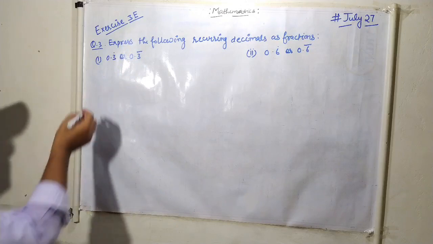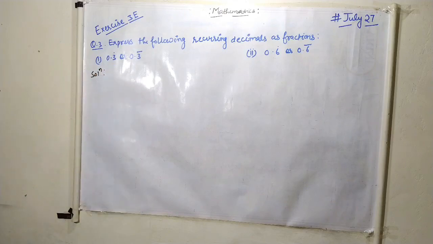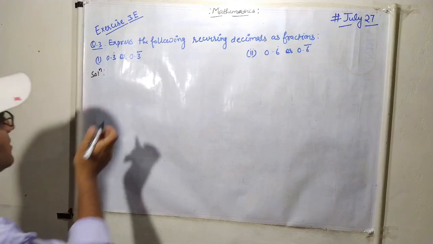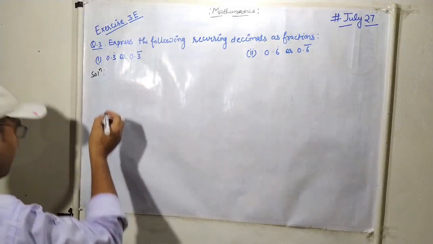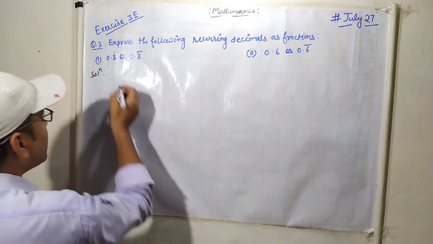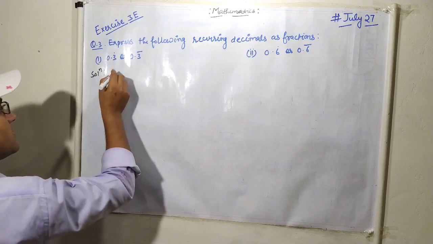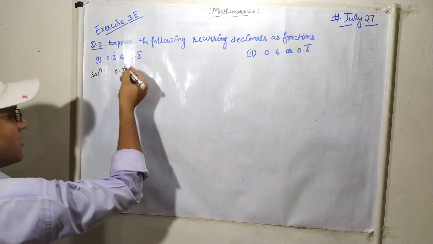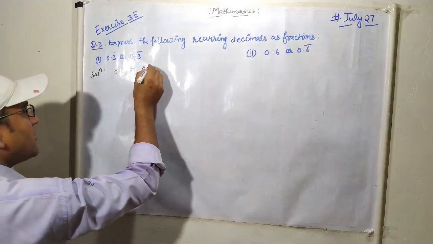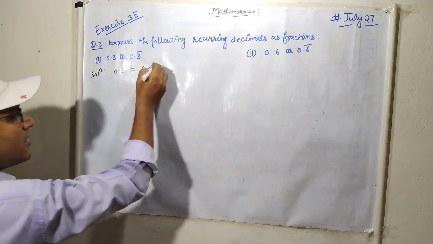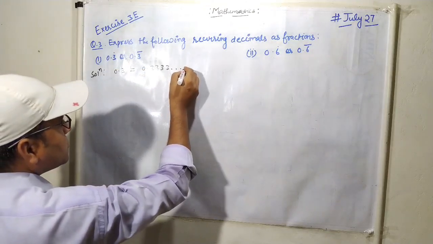If you are doing this type of question, you can remember a few steps. First you can write this in the form of a recurring decimal. Suppose question number 1 is this one, solution first: 0.3 dot or 0.3 bar, you can write as a recurring decimal. 0.3 dot means 3 is repeating, 3 3 3 and so on.